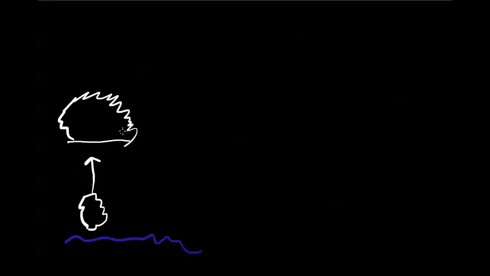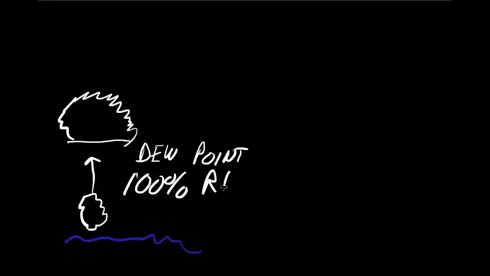And where we get the clouds being formed is called the dew point. As air rises, it cools, and as it cools, those molecules get closer and closer together until finally whatever water vapor is in there is going to start to condense, and that's called the dew point, and that's the bottom of the clouds. This is also 100% relative humidity. It's also the saturation point. When something is saturated, it can't hold any more.